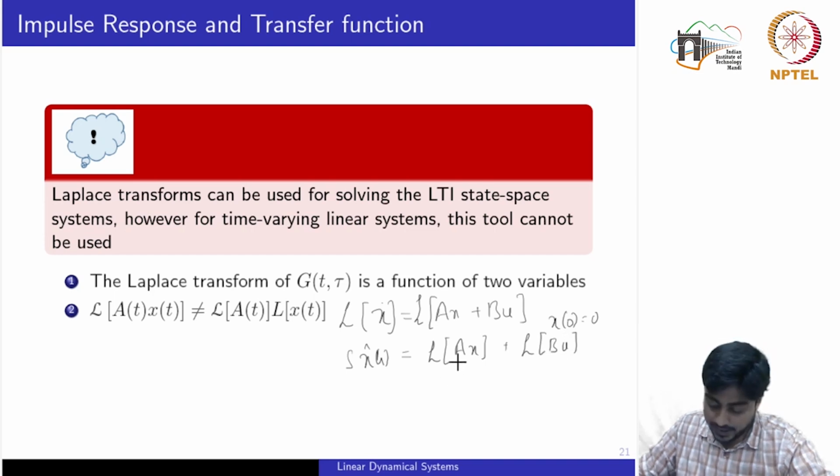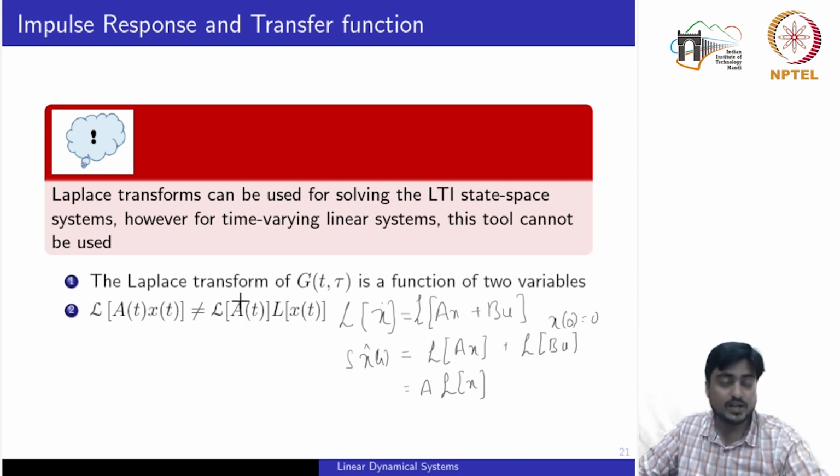Being A a constant matrix, I could take it outside, which is not the case here for the time varying case. So we cannot take the Laplace transform here. Because of these two basic problems, we cannot use the Laplace transform or the Z transform for the LTV case.